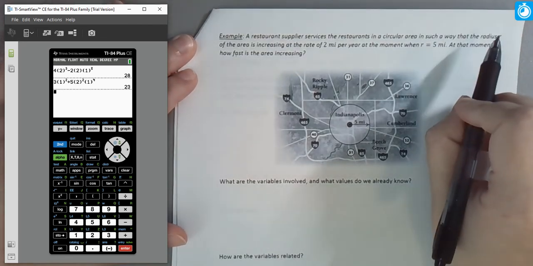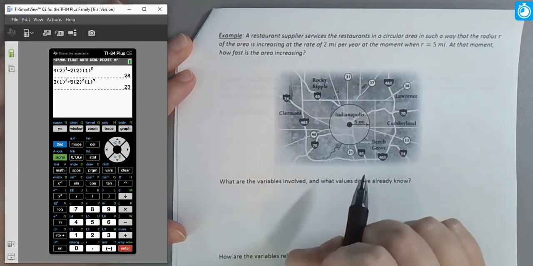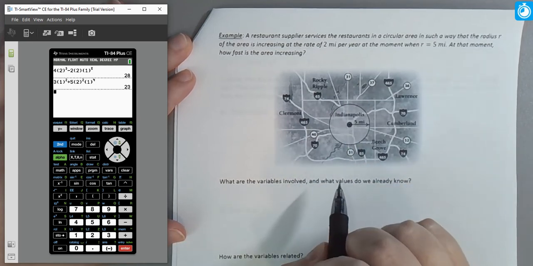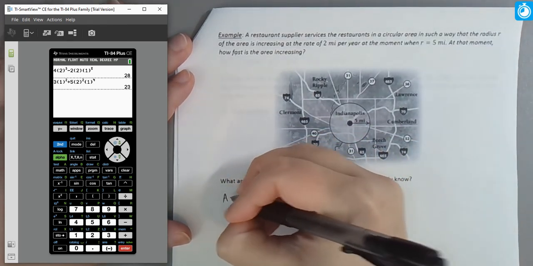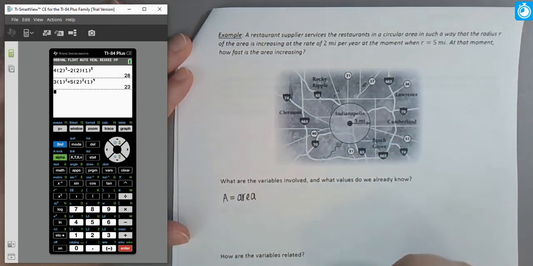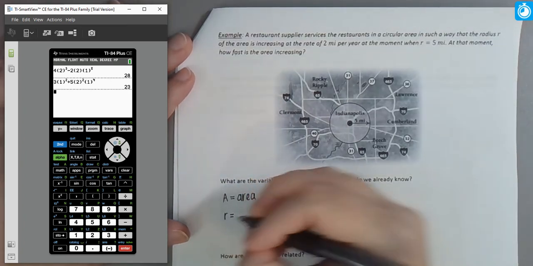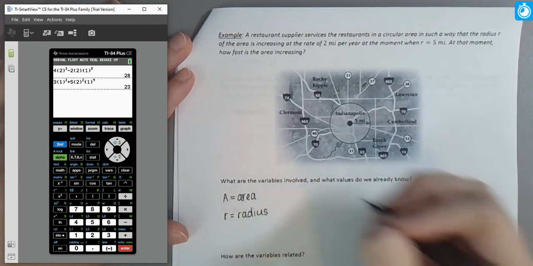So we definitely have the variable r, the radius of this circular area, but we also have the area. So area is also a variable. It's also something that is changing. So A is a variable, A representing area. Well, area is dependent upon the radius. We'll talk about that relationship in just a moment, but area is the output affected by an input of r, which represents the radius of that circular area.